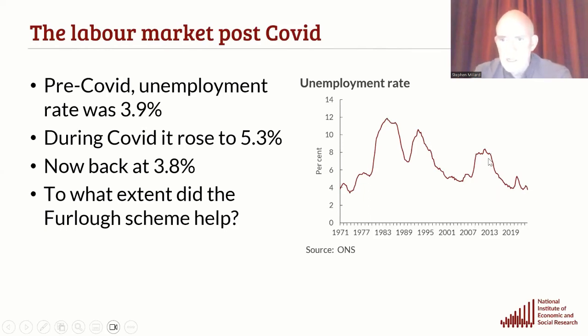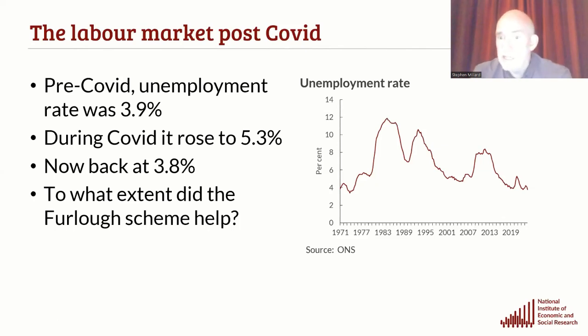This is the rise in the global financial crisis from around about 5.5 to around about 9. And here is the one that I mentioned earlier, from around about 5 or so in the late 70s, pretty quickly up to 12% by 1983-4. So those rises in the past were a lot worse than COVID.